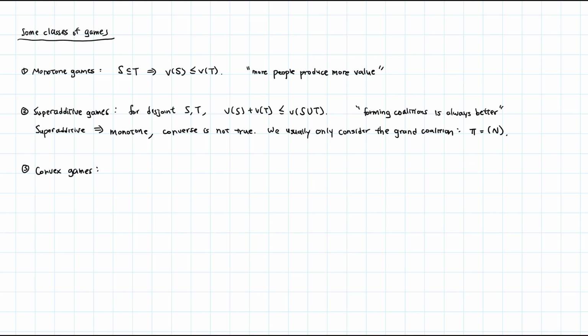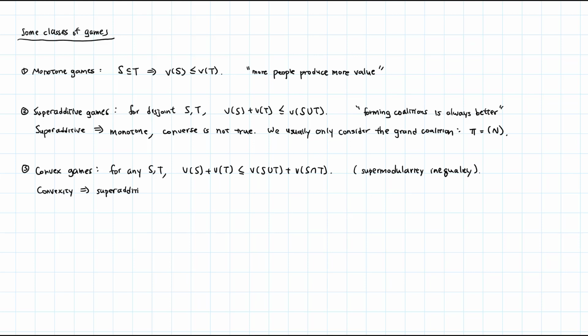So the condition we need here is, for any subsets S and T of N, v of S plus v of T is at most v of S union T plus v of S intersect T. This is called the supermodularity inequality. Now, the meaning of this is not that obvious, but we will give an interpretation soon. Note that convexity does imply superadditivity, but once again, the converse is not true.